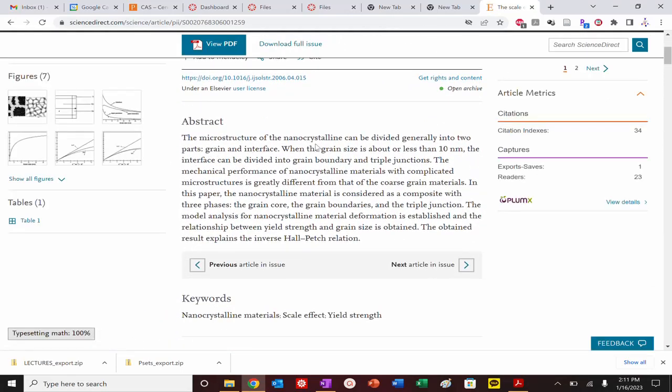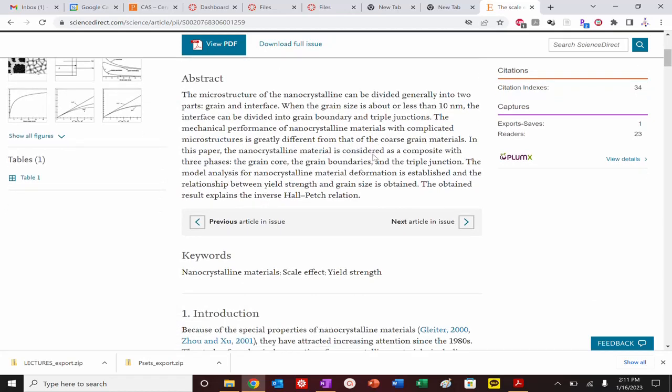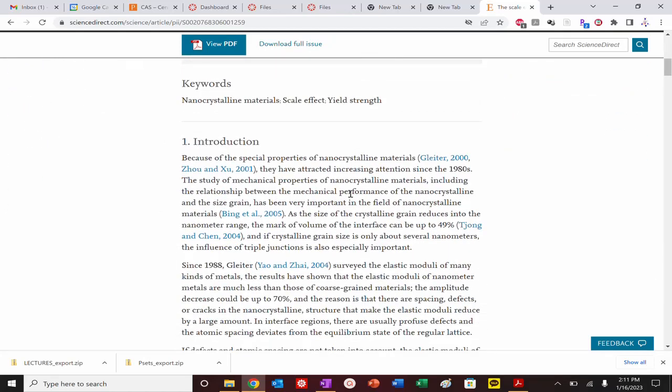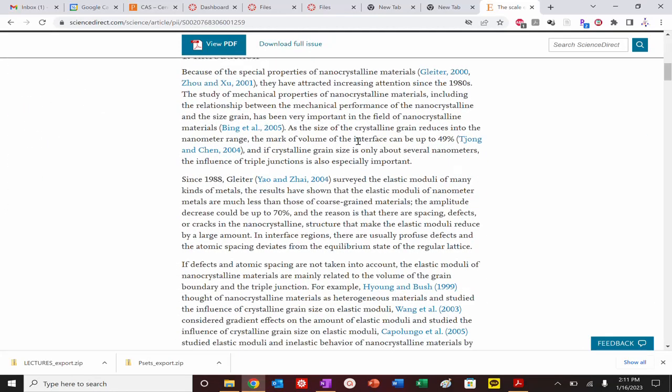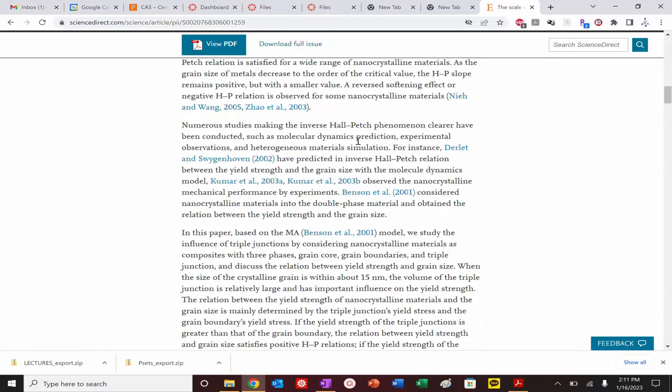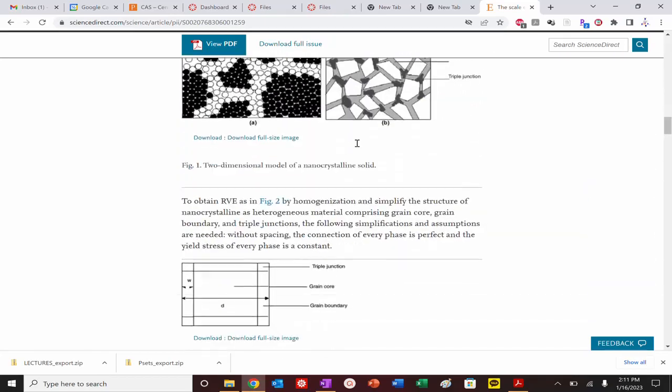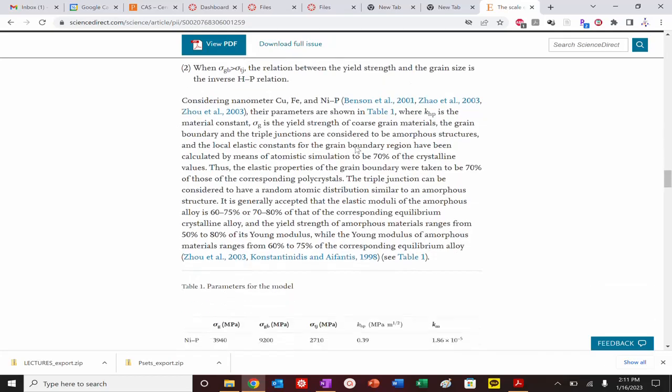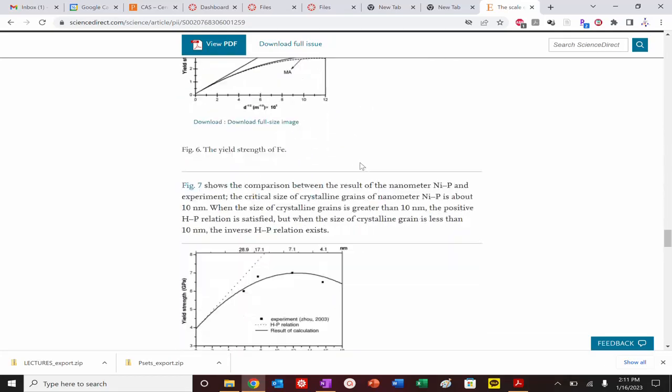Okay, so it's talking about, we can just read it from the abstract, nanocrystalline structure, grain size gets less than 10. And basically it's talking about there's several different processes that we can actually create. And actually you can see this modeling, and we're looking at some of the values.